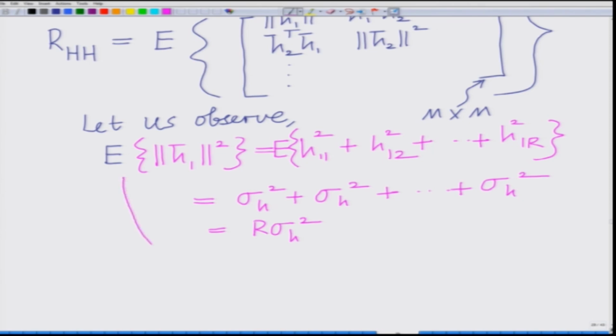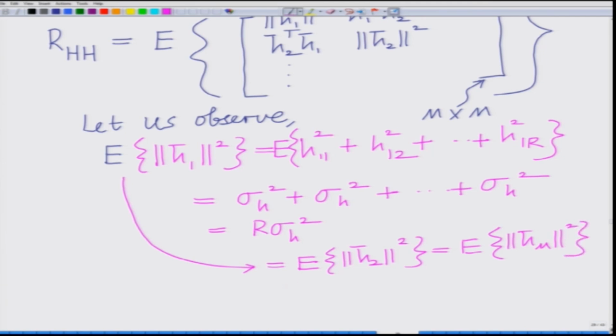Similarly, because all of them are identical, this is also equal to the expected value of norm H2 bar square, so on up to the expected value of norm HM bar square.